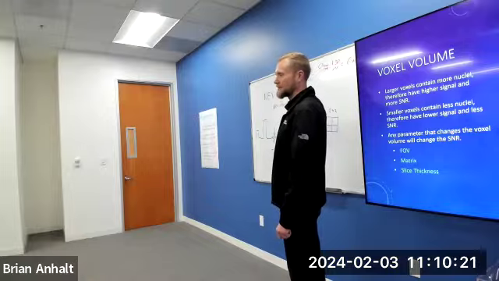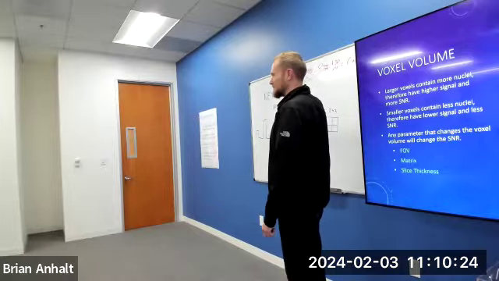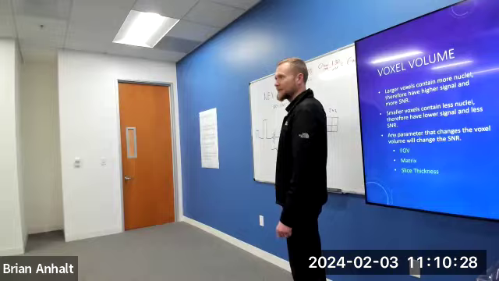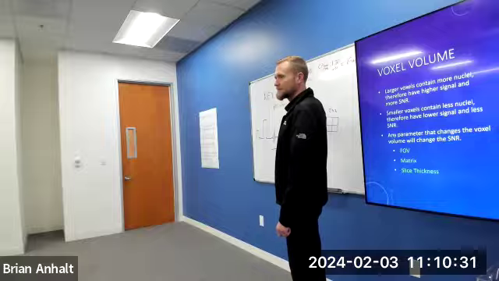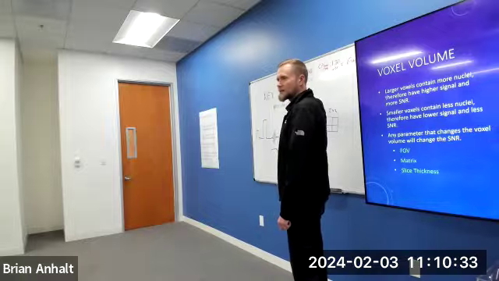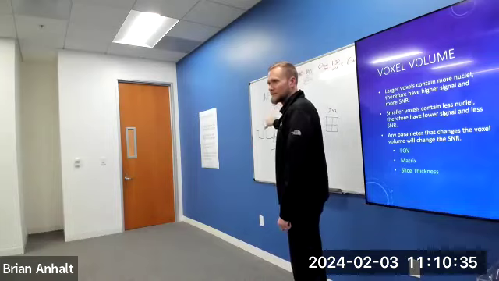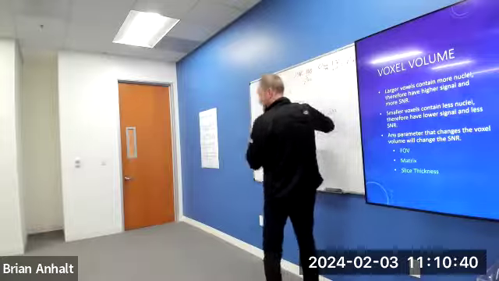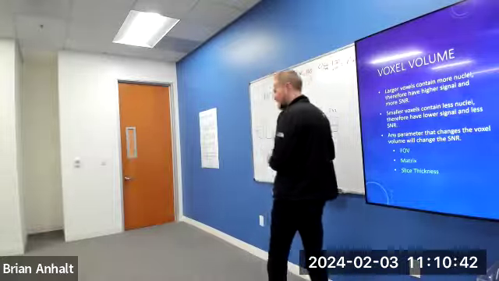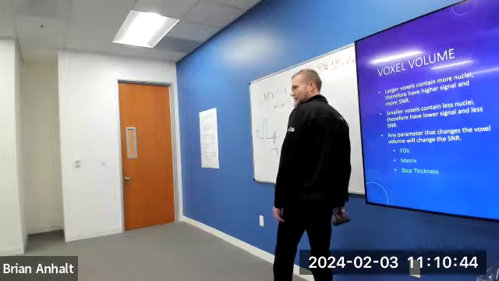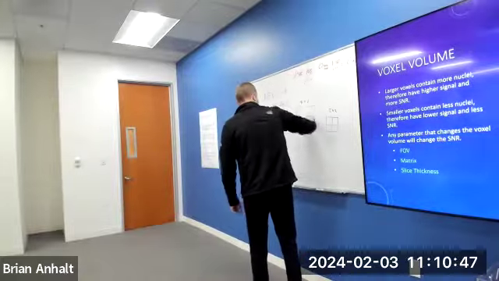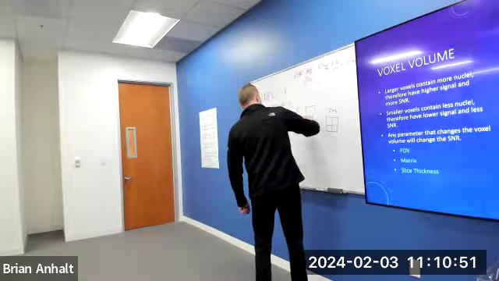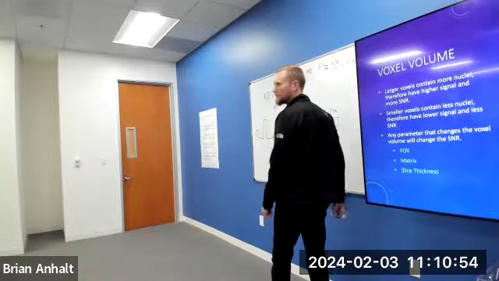Which one has better SNR? This one, right? Because look at the voxel size. It is obviously bigger than this one is, right? So increasing your matrix does what to your SNR? Decreases it, right? Decreasing your field of view, keeping the same matrix does what to your SNR? Decreases it, right? If this was the same, if it was 2 by 2 by 2 by 2, we can see that the voxel obviously got smaller, right?